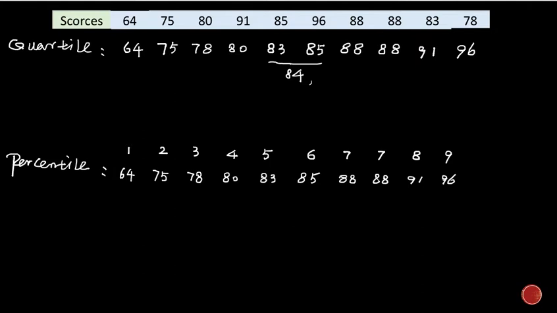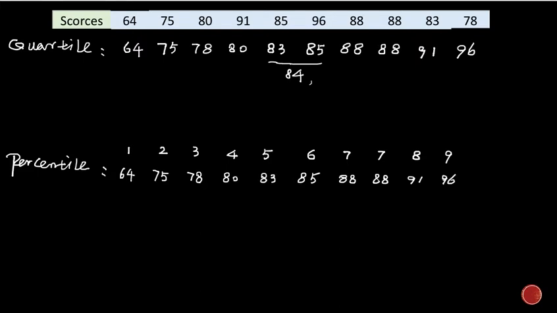The next step is to find the first quartile. For this part, we have 5 numbers. We find the median of it. It's easy because we have an odd number of data.